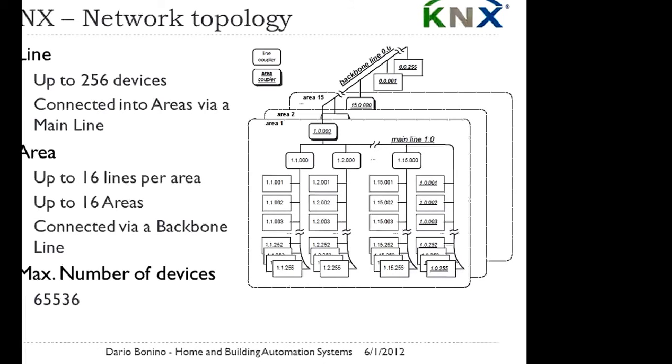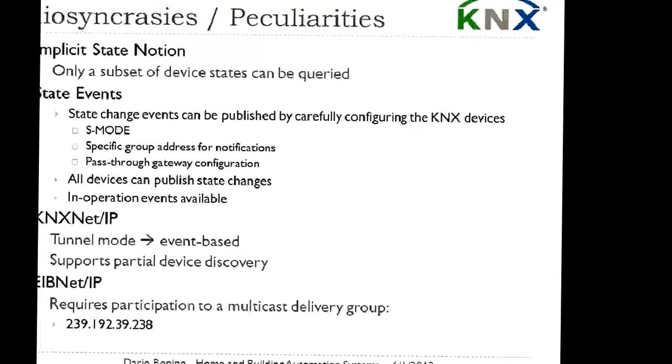And 16 lines form one area, and we can have 16 areas. So the network basically can include 65,536 devices. Many devices with respect to my home system, where there were just 255 per function. And this can be extended because we can bridge areas using tunnels over IP. Okay? So this is the general organization of a KNX network.